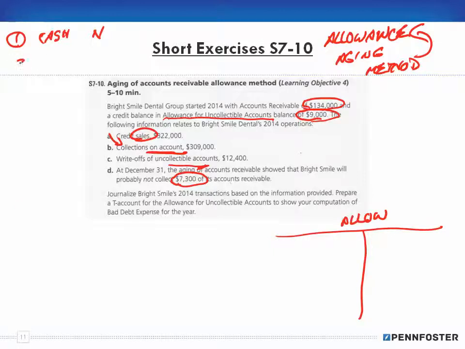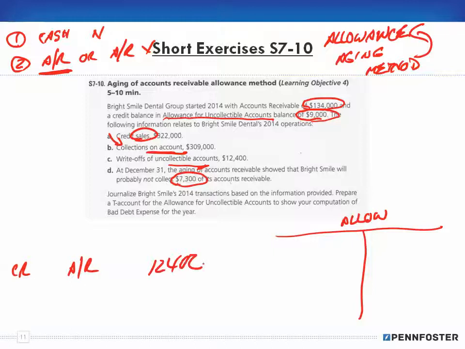Two, am I affecting accounts receivable or accounts payable? Yes, because I'm writing off an uncollectible account, meaning I'm writing off my accounts receivable. So my accounts receivable is going to decrease, right? So I'm going to credit my accounts receivable for $12,400.